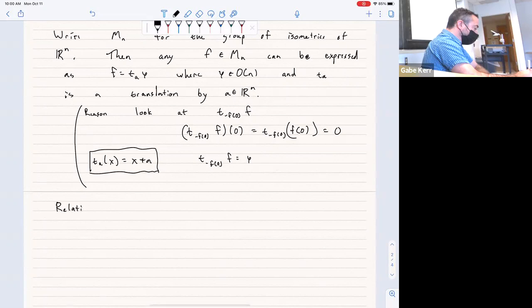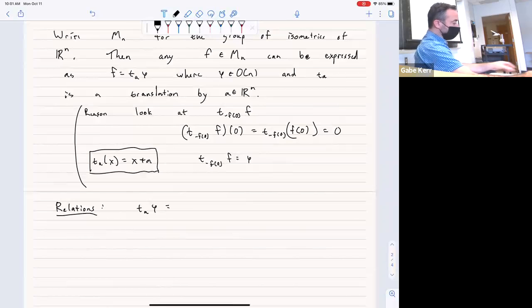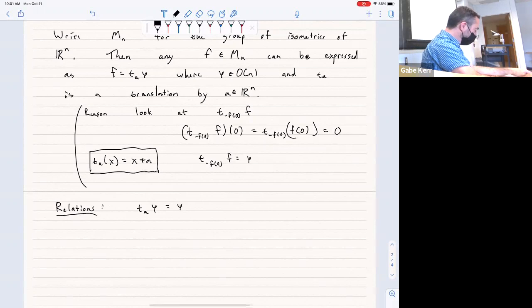Relations. One is that if we translate on the left, we can multiply by phi, where phi is from this theorem. So phi sends 0 to 0.